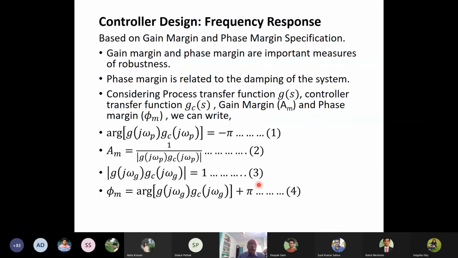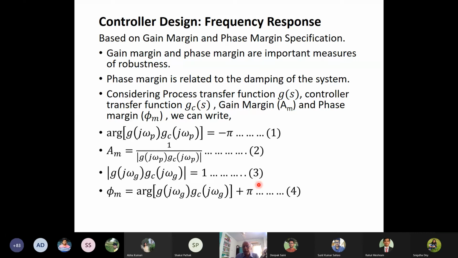All these controllers are designed based on the process models. So when you are estimating a process model, there can be error in the gain, estimation error in the process time constant or the process delay.